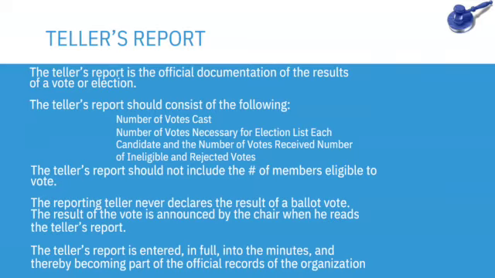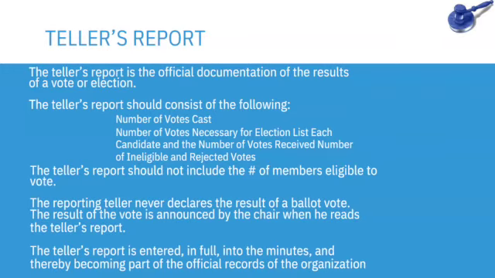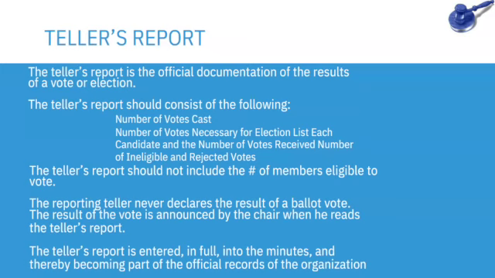It should always have the number of votes cast, the number of votes necessary for election, list each candidate and the number of votes received, and the number of ineligible and rejected votes. It should not include the number of members eligible to vote.